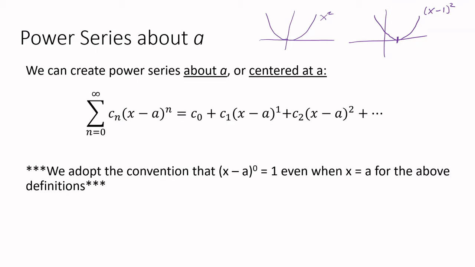And so that idea of being able to shift a polynomial that I'm interested in looking at, we can do that with the power series too. I can take a power series and shift it or center it about a new number a by just doing exactly what you're used to. So if I want to shift this infinite polynomial over to the right 2, I would do x minus 2.